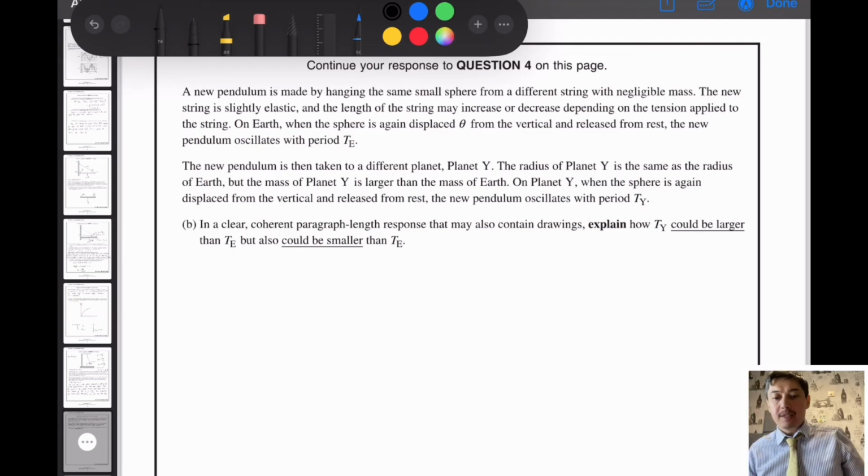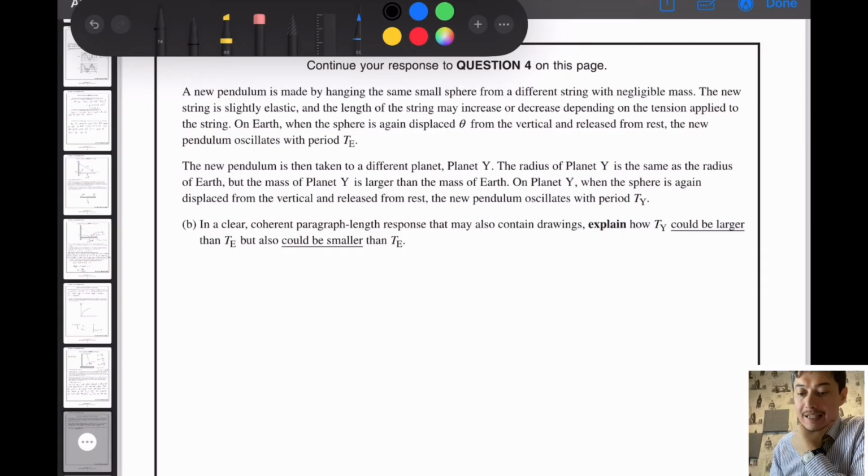A new pendulum is made by hanging the same small sphere from a different string with negligible mass. The new string is slightly elastic, and the length of the string may increase or decrease depending on the tension applied to the string. On Earth, when the sphere is displaced by theta from the vertical and released from rest, the new pendulum oscillates with period Te.